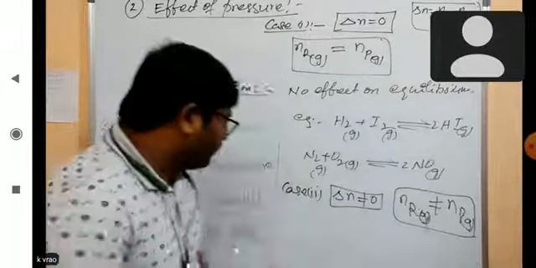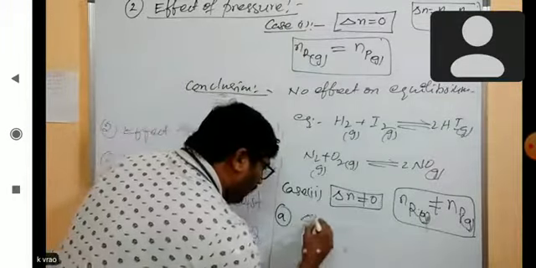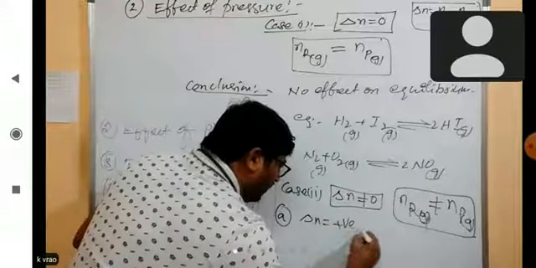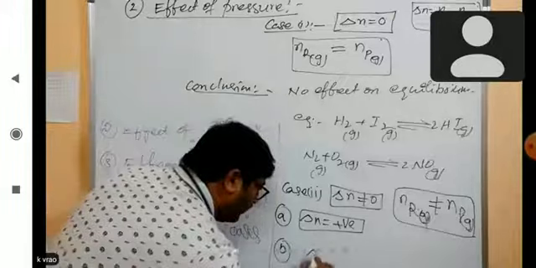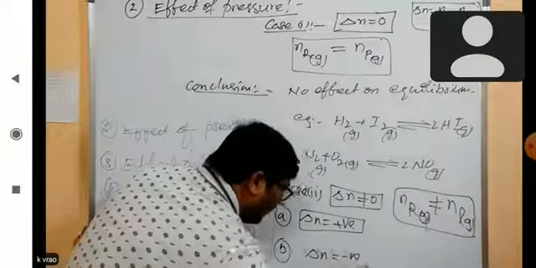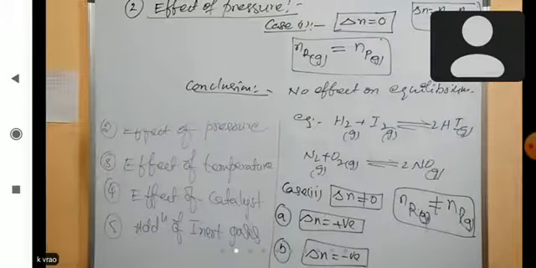So in this case, A: delta n is equal to positive, and B: delta n is equal to negative.